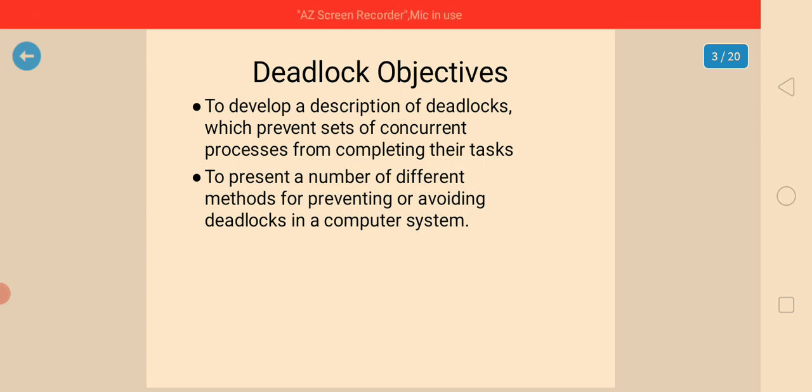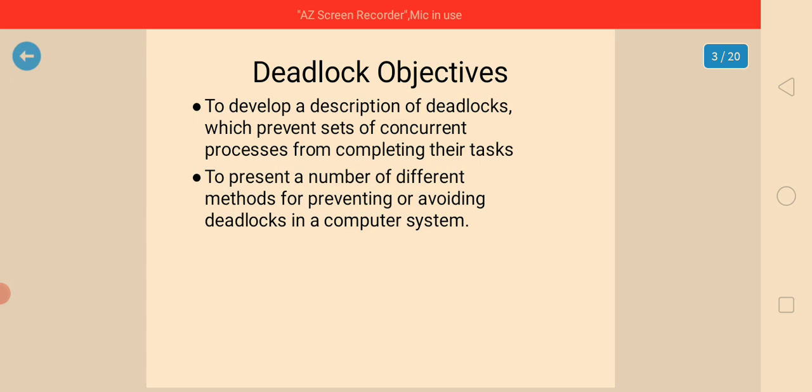The objective here is to develop a description of deadlocks which prevent a set of concurrent processes from completing their tasks.